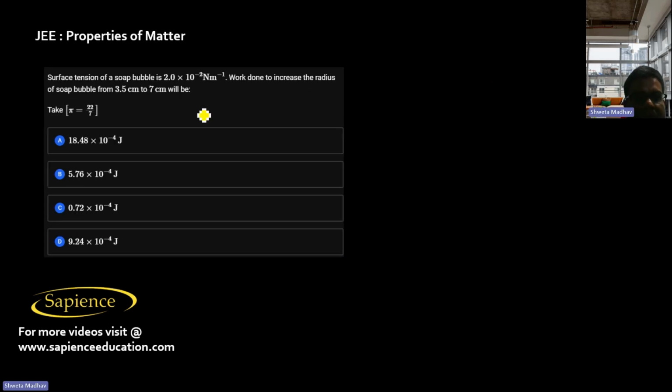And here it is told the surface tension of a soap bubble S is 2 into 10 power minus 2 Newton per meter, and the work done to increase the radius of the soap bubble from 3.5 centimeter to 7 centimeter will be. The work done will be the surface tension into the increase in the surface area.